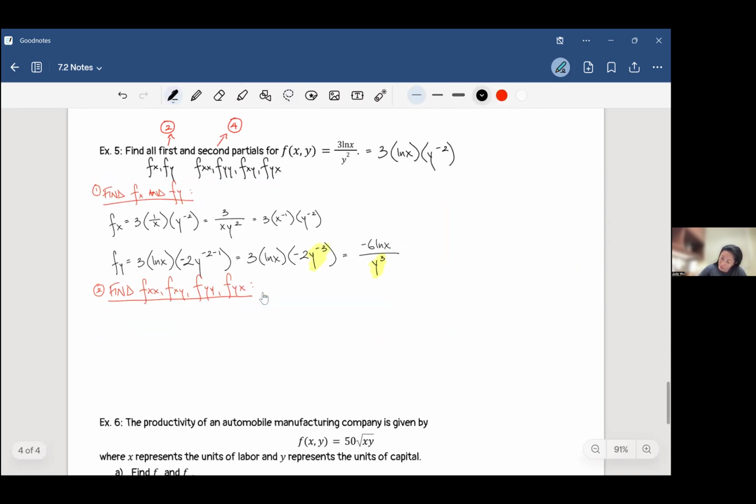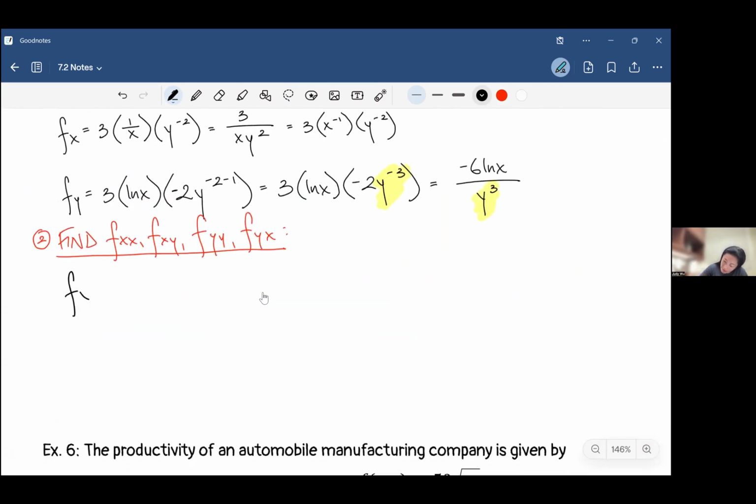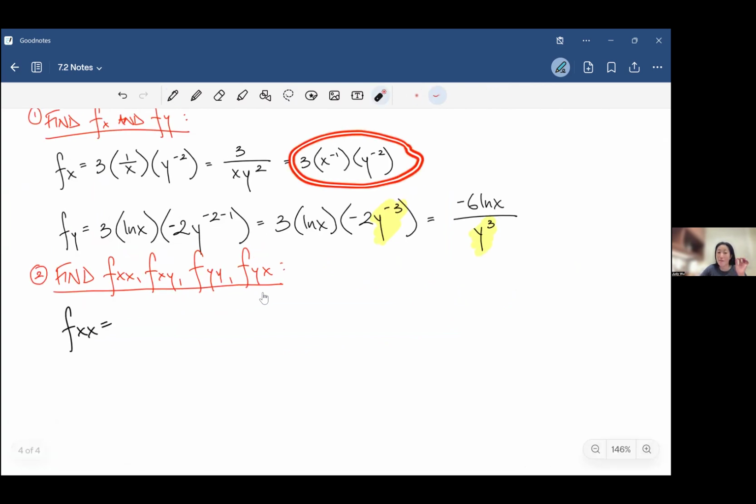Okay, so now let's find our fxx. So fxx means I start from my fx and I take a derivative with respect to x.